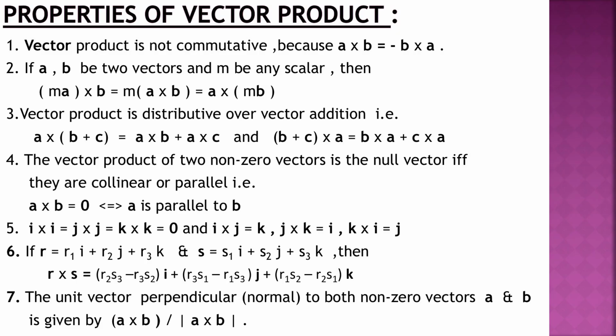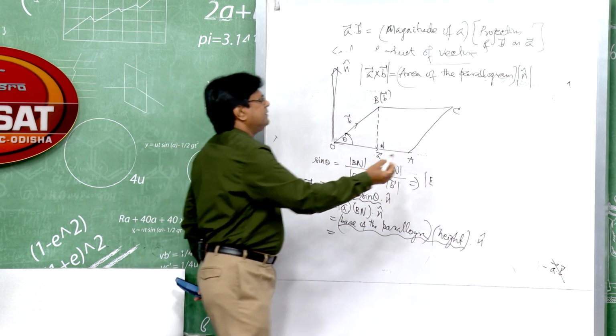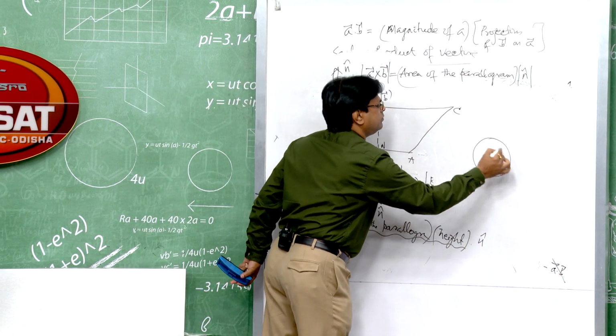Then come to the properties of vector product. Vector product is not commutative because A cross B is not equal to B cross A; it is equal to minus of B cross A. So, the right hand thumb rule, you already know.